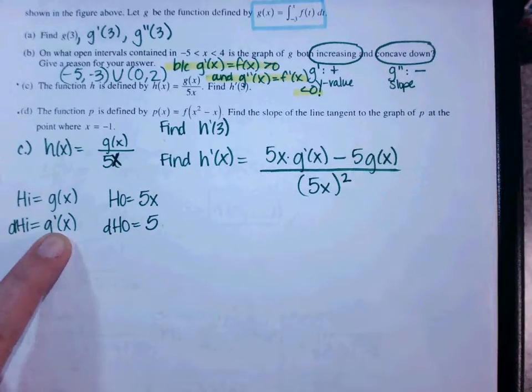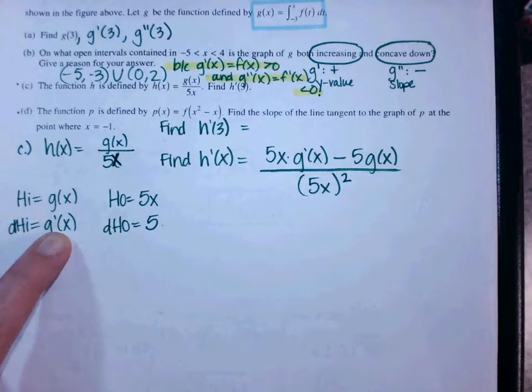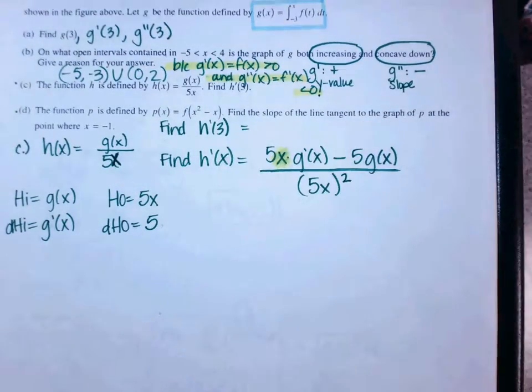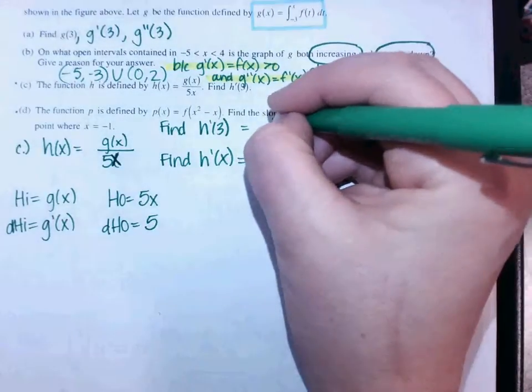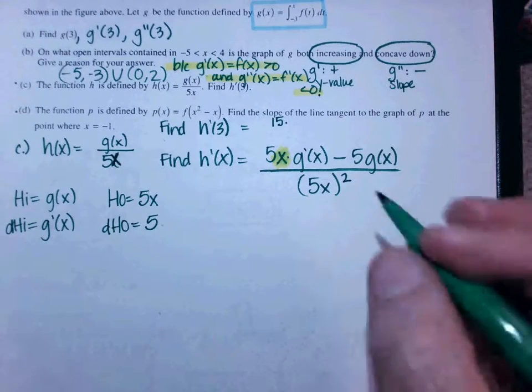Okay, now let's find h prime of 3. So right above that, 5x. What's x? 3. So 5 times 3 is 15. And then I want g prime of 3. We'll go back to part A. Oh, we found that already. What was g prime of 3?